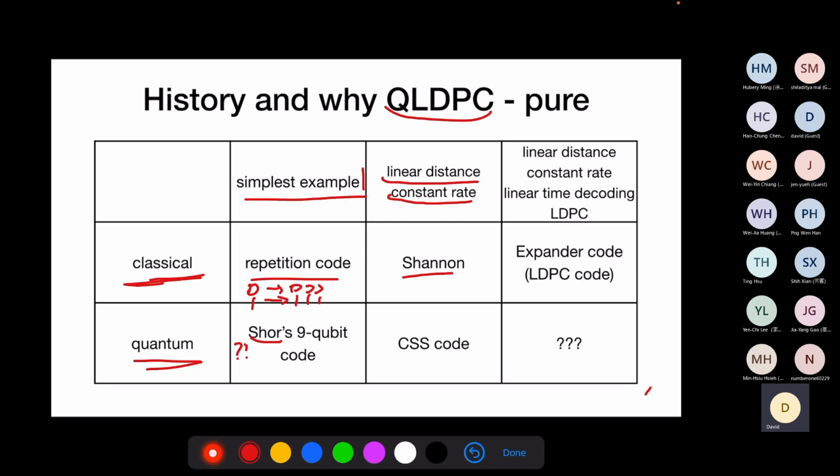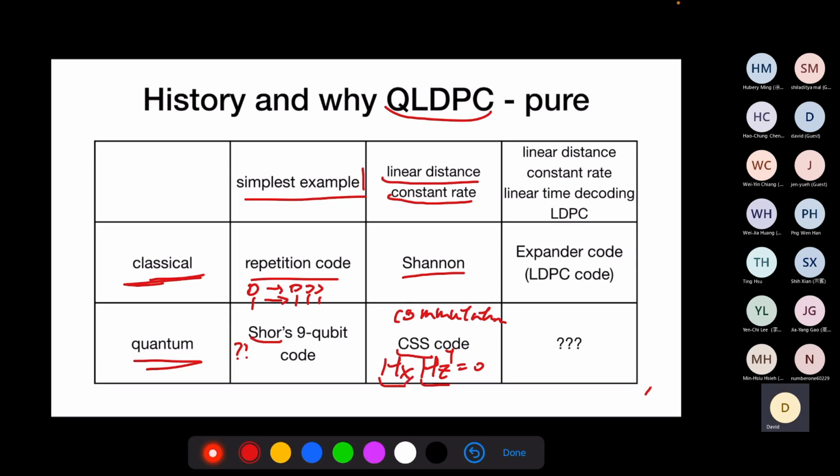For the quantum case it's slightly harder, because a random code book doesn't really make sense; there is a commutation relation that has to be satisfied. CSS, these three people, did exactly what we did: they focused on the case H_X H_Z equals 0, and were able to use classical constructions to make it work.